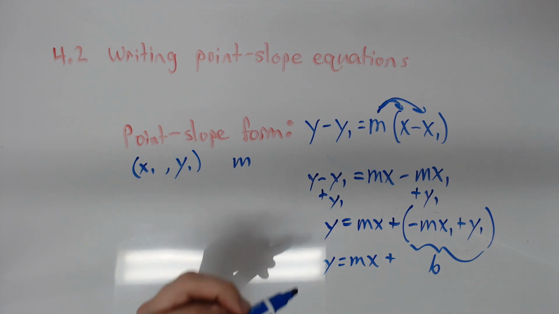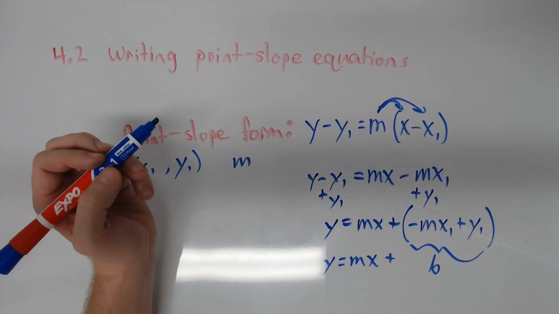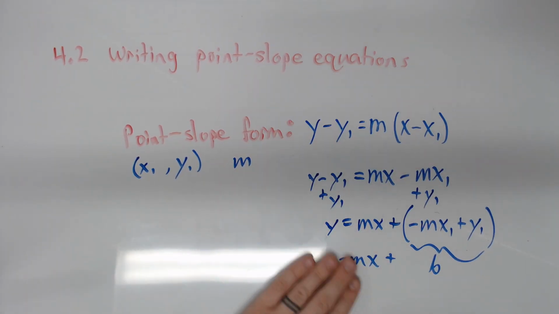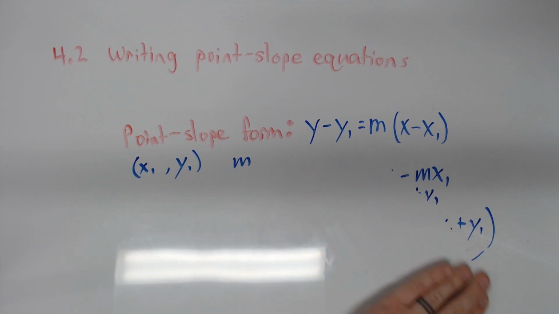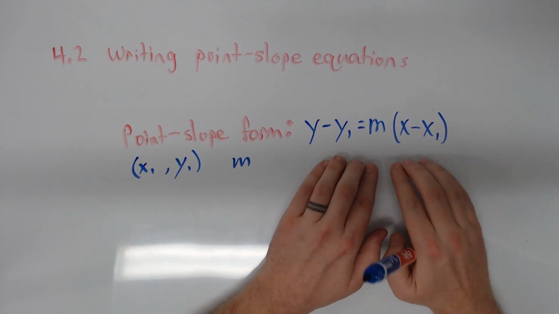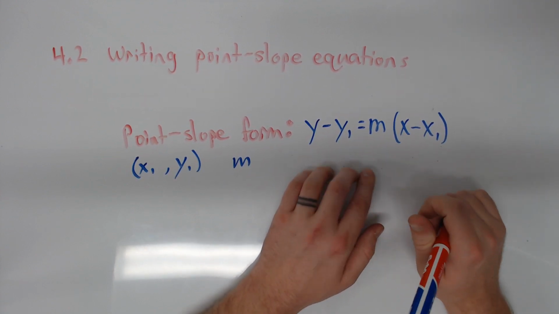It's always going to be those same two steps, distributing and then adding or subtracting what's next to y. All right, so forget about all this for now. That's something we'll practice later, and it'll be easier when we have actual numbers. But this works the same as slope-intercept. It's just more generic because it works for any old point.